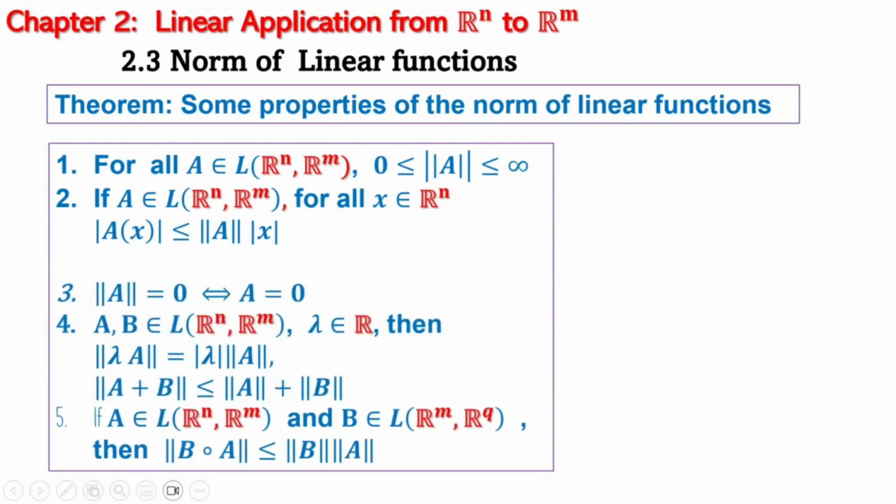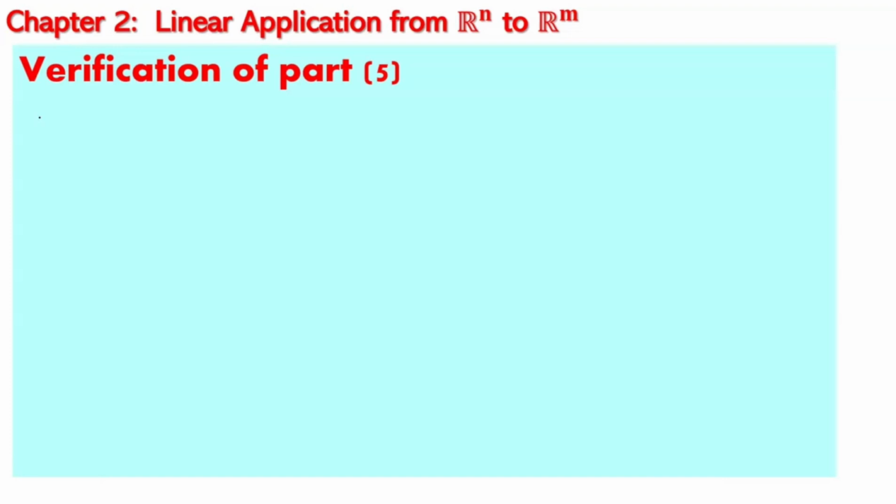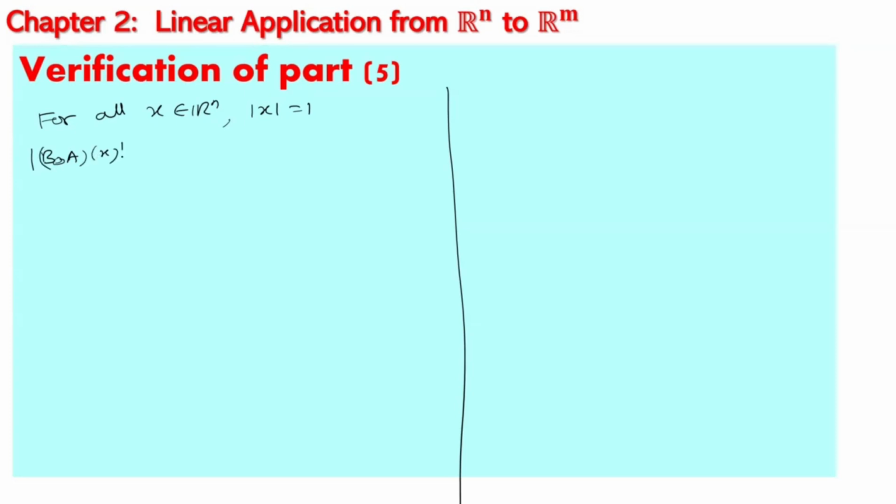Now we have our fifth property. It says that if A belongs to L(Rn, Rm) and B belongs to L(Rm, Rk), such that the composition is possible, then the norm of B composition A is less than or equal to norm of B times norm of A. Start the proof: for all x belonging to Rn such that mod of x is equal to 1, we have (B composition A)(x), which is equal to B of Ax.